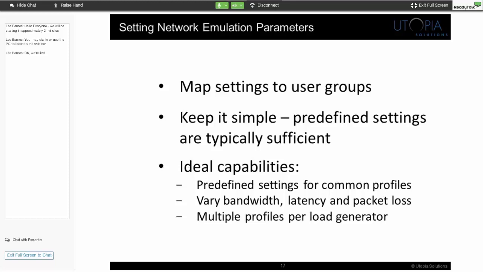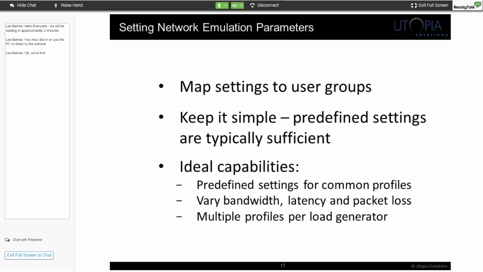We can control them as part of a large group. In most cases, the predefined settings that come with the tools are sufficient. Right? We can get really crazy and try to emulate very, very specific conditions. But the reality is we're kind of looking for the average in terms of being able to put load on the system over these virtualized network conditions. So typically the predefined settings are sufficient in terms of the network quality.